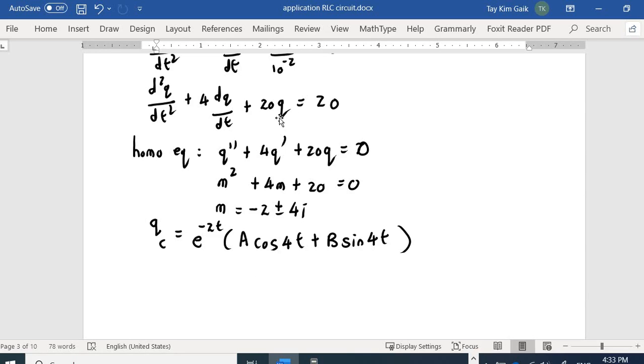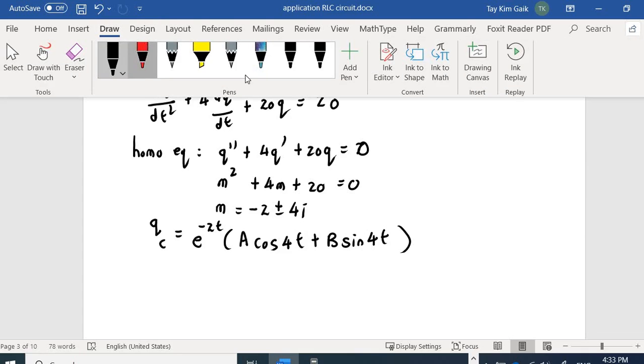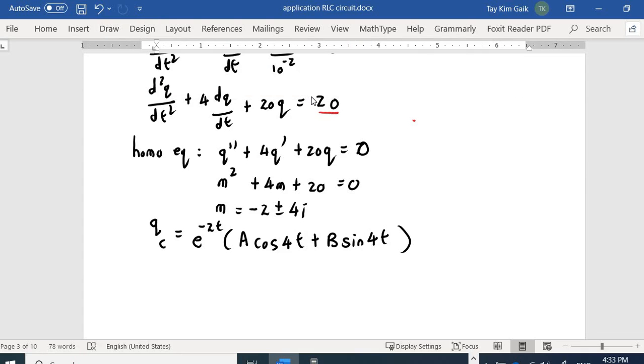But here we have both homogeneous and non-homogeneous parts. So q_c is the homogeneous solution, e^(-2t)(A cos 4t plus B sin 4t). And then now we have the non-homogeneous part, this is the f(t). The f(t) is 20.